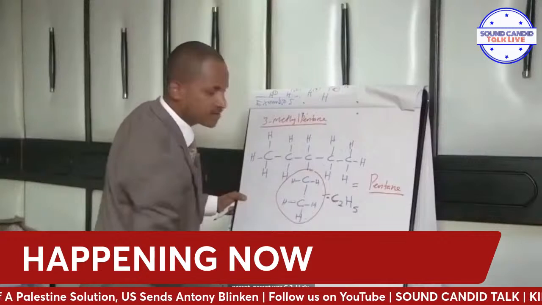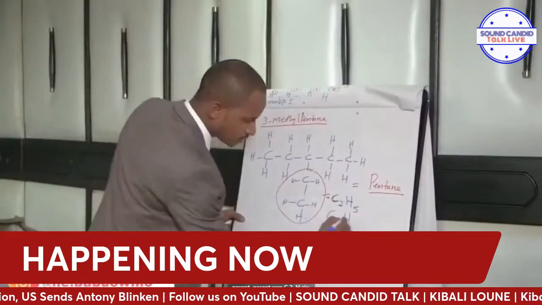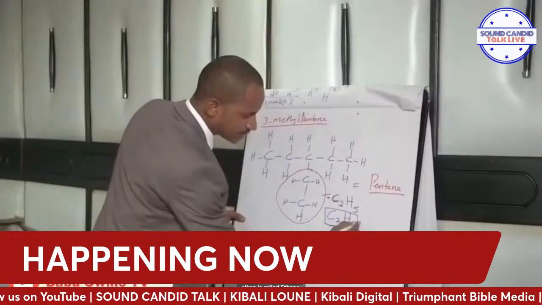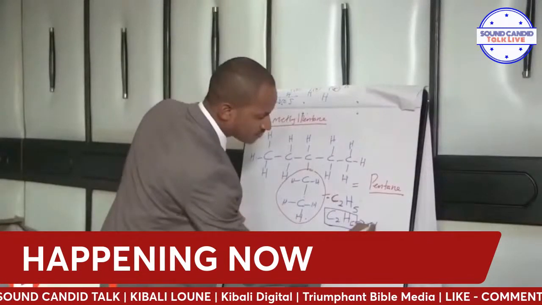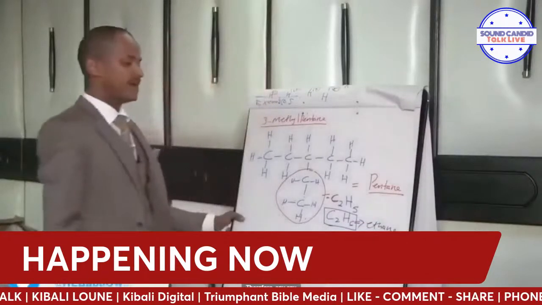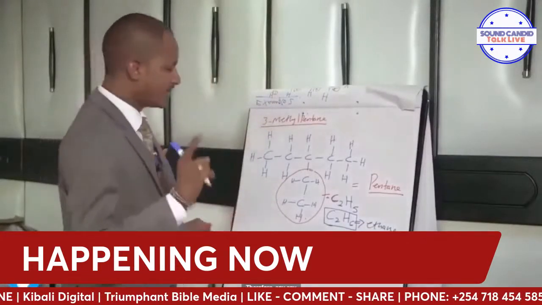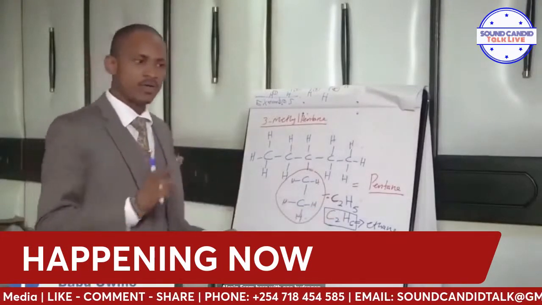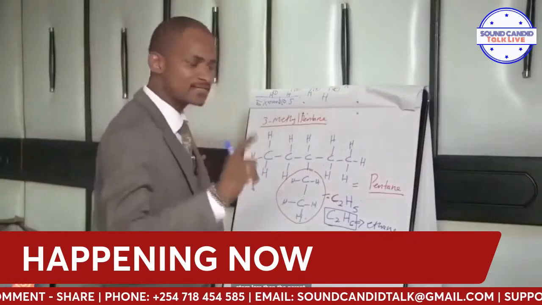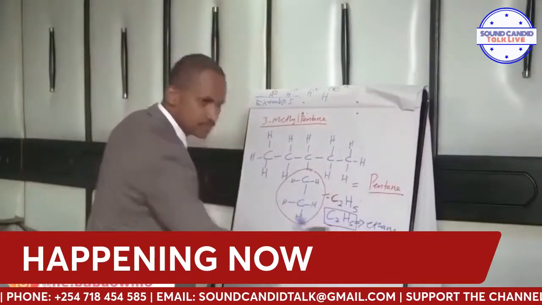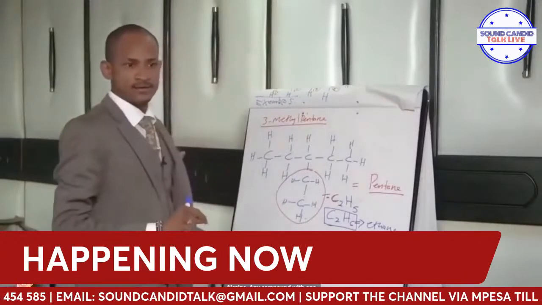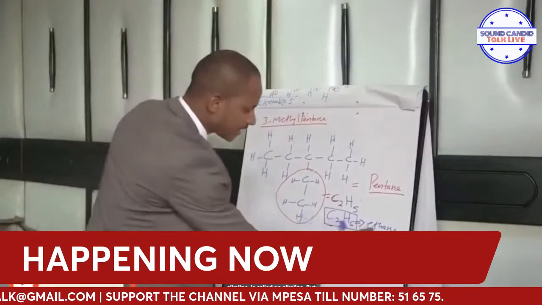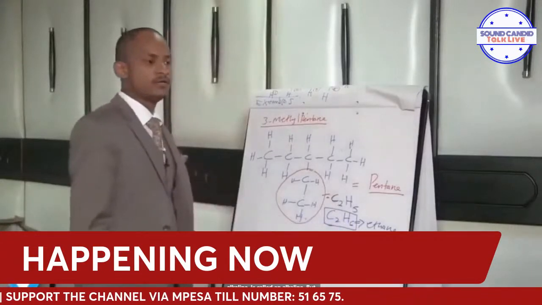From the parent was C2H6. This is the parent alkane. The parent alkane is called ethane. Therefore, any compound with 1 hydrogen atom less than the parent alkane is called an alkyl.